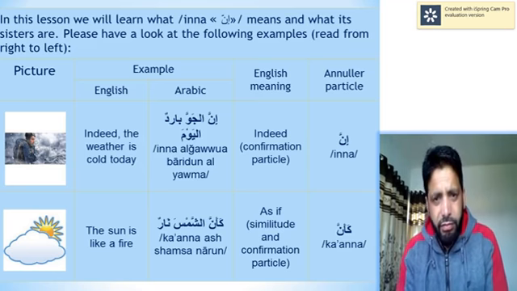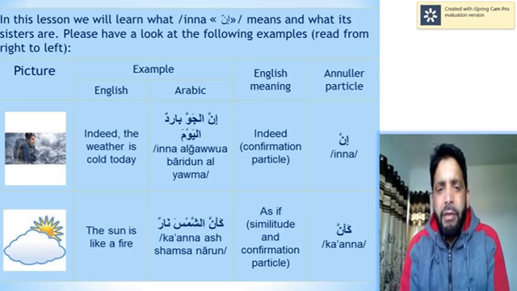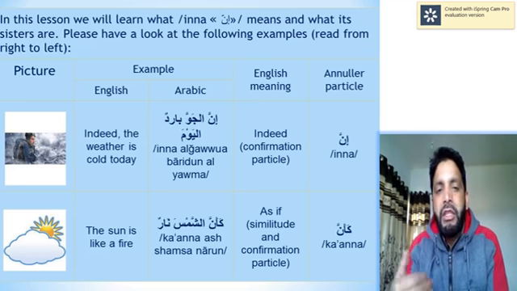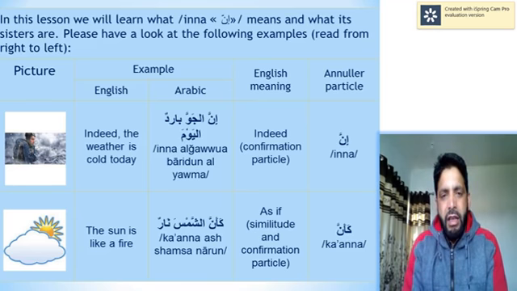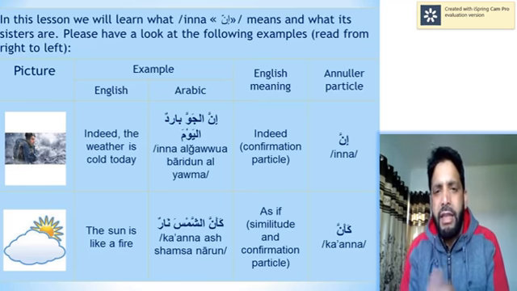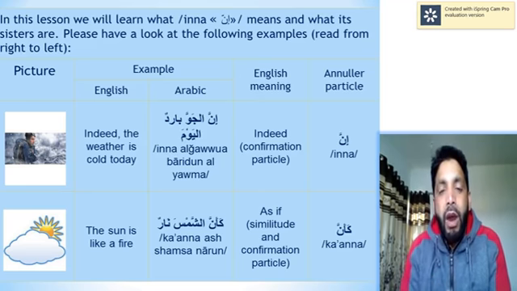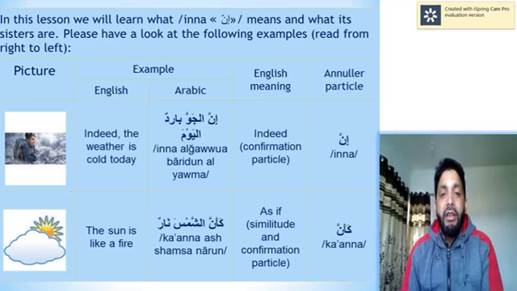Suppose I say al-jawwu baridun al-yawm. The weather is cold today. This is a nominal sentence. But when I use inna on this nominal sentence, I say innal jawwa baridun al-yawm.